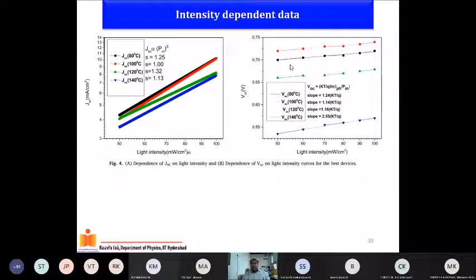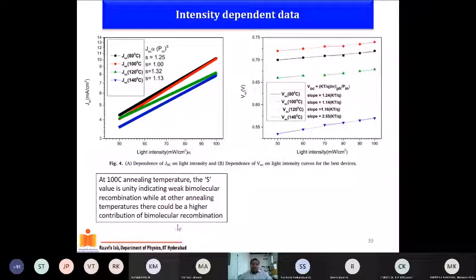There is a small analysis one needs to do to come to this point. I can show you the paper so you can look at it and understand. The important aspect here is the slope, the S value in the current curve and the slope in the VOC curve. We observe that at 100 degree annealing, the S value is almost 1, indicating weak bimolecular recombination, while at other annealing temperatures there could be a higher contribution of bimolecular recombination.